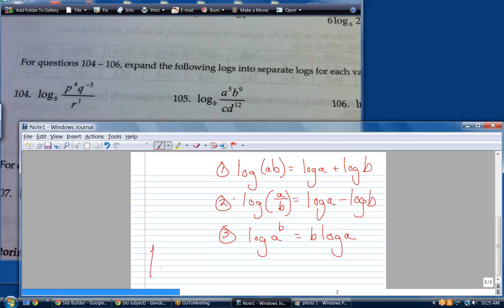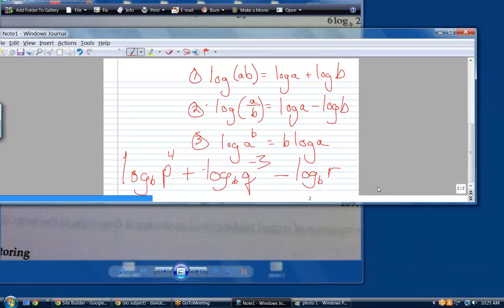It's going to be log base b of p to the power 4, plus log base b of q to the power negative 3, minus log base b of r to the power 1, or just r. That's the first step. We're not done, because we've still got more we can do to this.